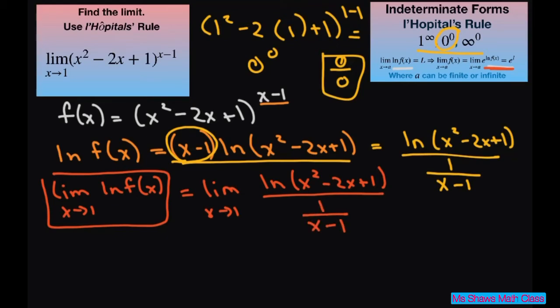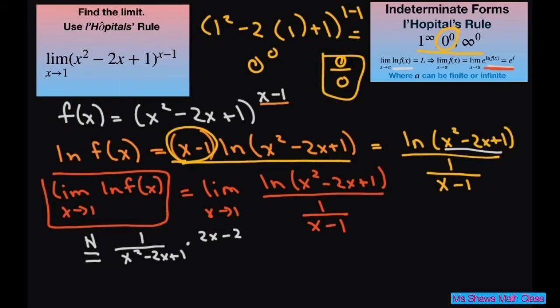All right, so we're going to differentiate the numerator and the denominator. So for the numerator, we're using L'Hopital's rule. We're going to get 1 divided by x squared minus 2x plus 1 times the derivative of your inner function here, which is 2x minus 2.